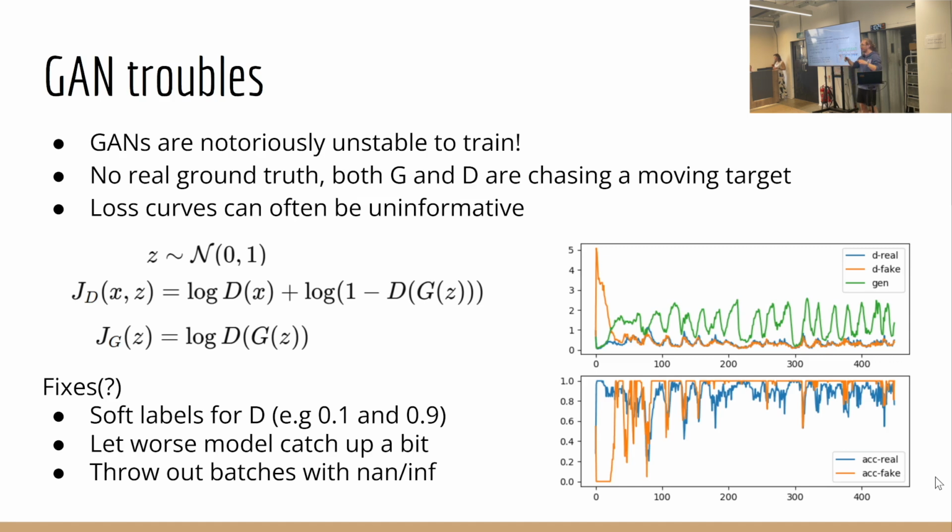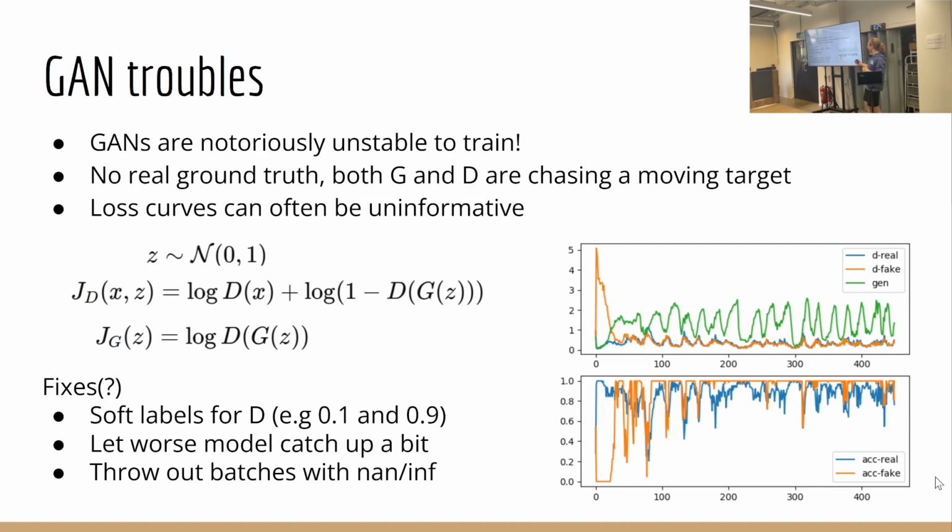You want these things to be roughly about the same value and wiggle up and down for a long period of time, because this tells you nothing about the actual performance of the model. Maybe the discriminator is really bad at telling reality from fiction. The generator always knows what to generate, but it doesn't actually look like a real image. So there are lots of ways in which this fails.